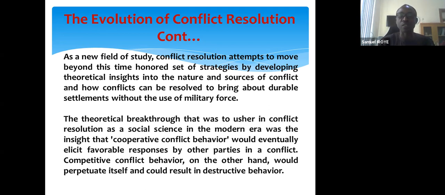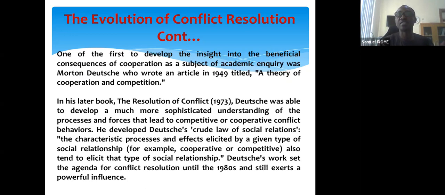So conflict resolution as a field of study in social science gives us a more varied way of handling conflict in our society, particularly now that some of these principles have been established as theory. And one of those breakthroughs says there is need to cooperate. One of the first to develop the insight into the beneficial consequence of cooperation as a subject of academic inquiry was Morton Deutsch. Morton Deutsch wrote an article in 1949 titled A Theory of Cooperation and Competition.